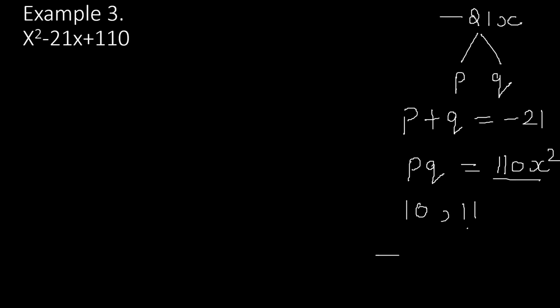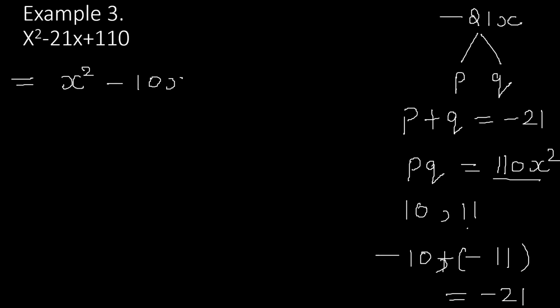So I need to put a negative sign in front of them, so that when I add these two negatives, what will I get? I will get minus 21 as the answer. The basics of integers, isn't it? Now put here x square minus 10x minus 11x plus 110.